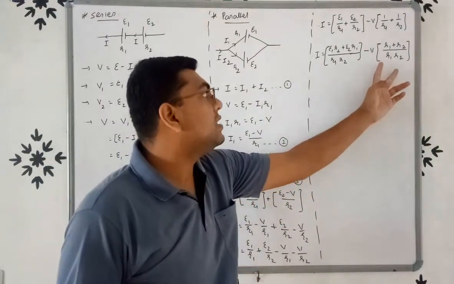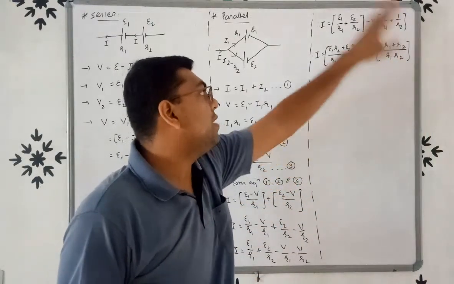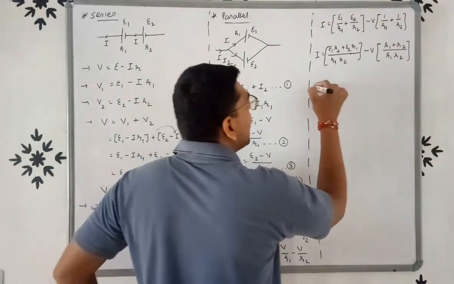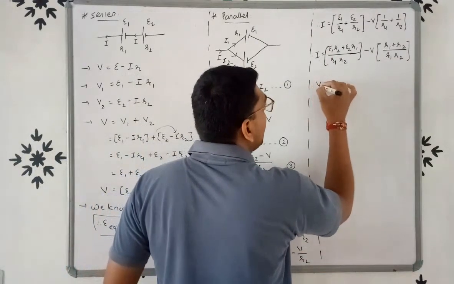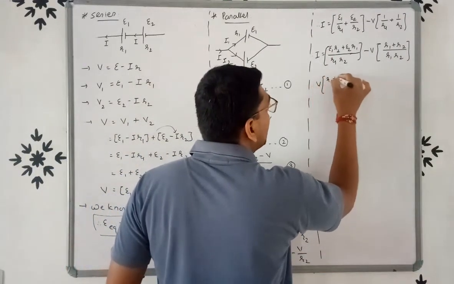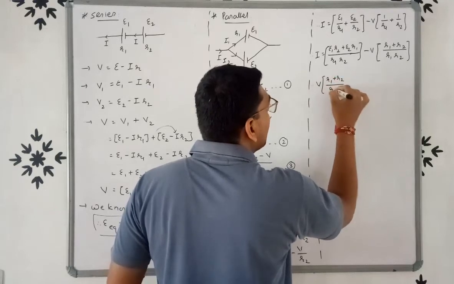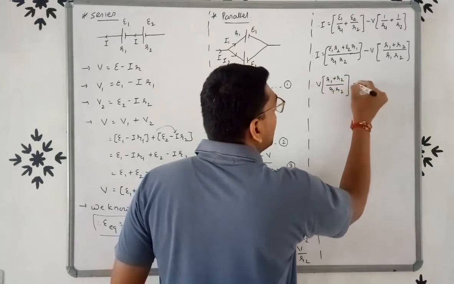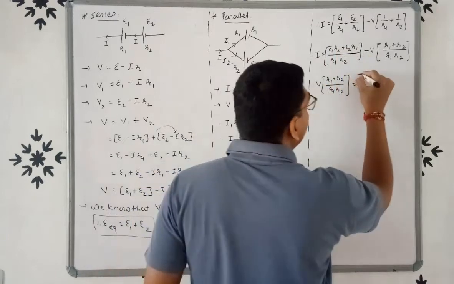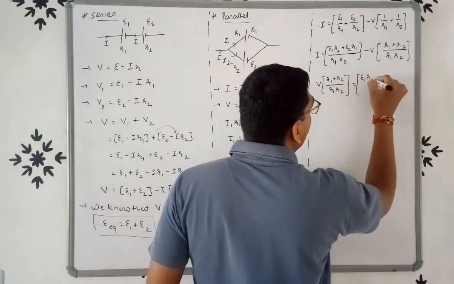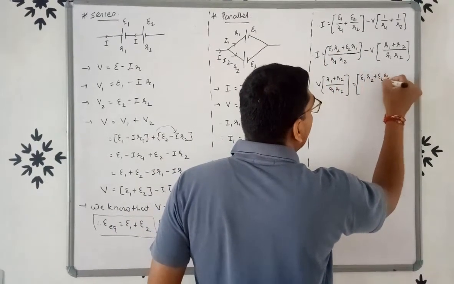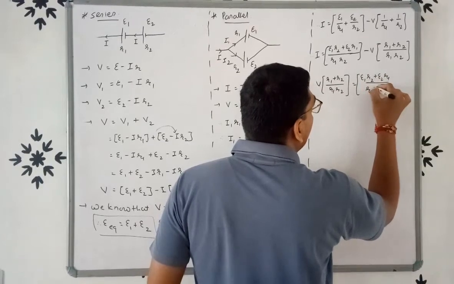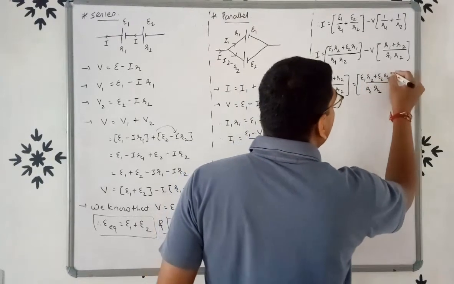So here we take the equation of V to the left hand side. So we get V into the bracket R1 plus R2 upon R1 R2 is equals to E1 R2 plus E2 R1 upon R1 R2, same.